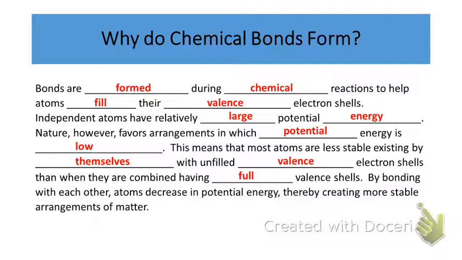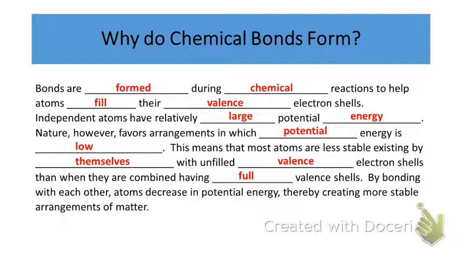This means that most atoms are less stable existing by themselves with unfilled valence electron shells than when they are combined having full valence electron shells. So by bonding with each other, atoms decrease in potential energy, thereby creating more stable arrangements of matter.